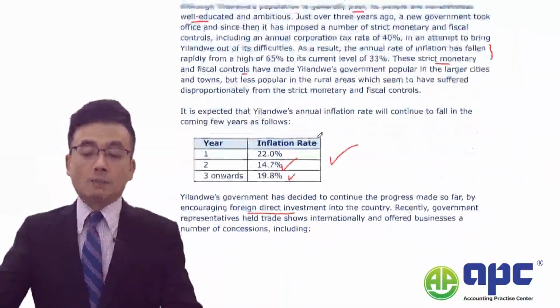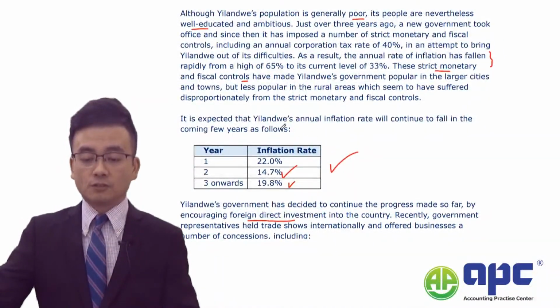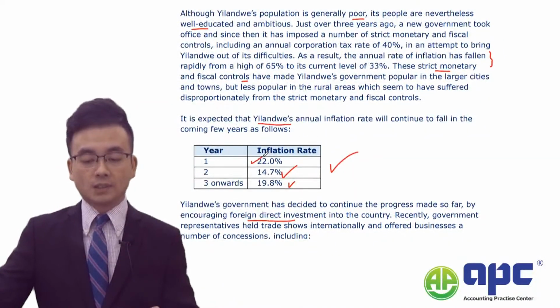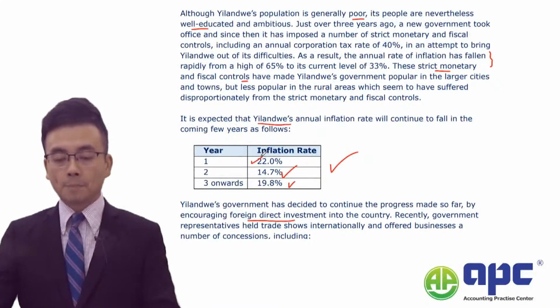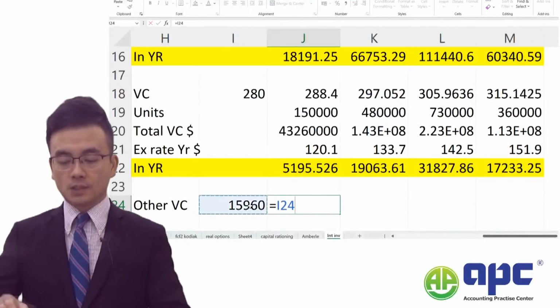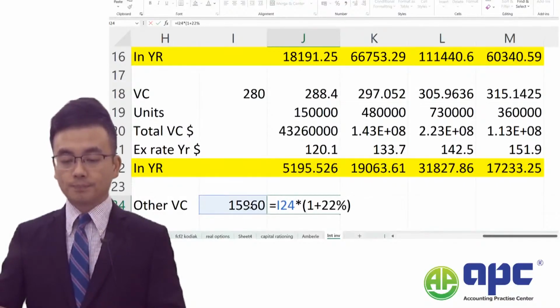In the overseas country, the inflation rate in Yulan is 22%. So this equals this timing by 1 plus 22%.